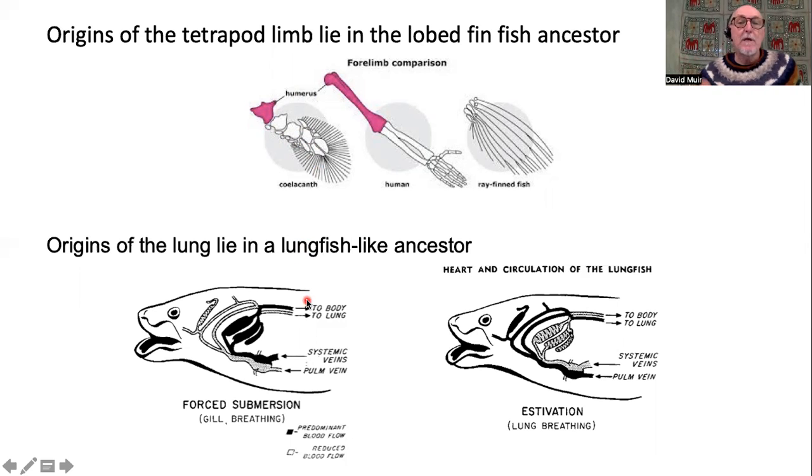The second thing is when we go to the lungfish, their lobe fins have been very highly modified. They are long and thin, and they don't look like this. We see the bony pattern in them, but it's a bit more difficult to make out. But what's really interesting for us in the lungfish is that they have a true lung. It's not as elaborate as our lungs, but it functions as a lung.